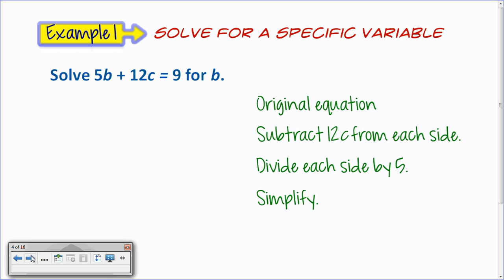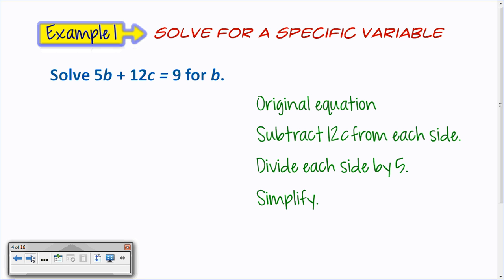Does that make sense? Now, in a sense, though, I can still solve this equation for B by simply getting B by itself. You guys clear on that? So, all I need to do is change this equation up a little bit and move some things around.